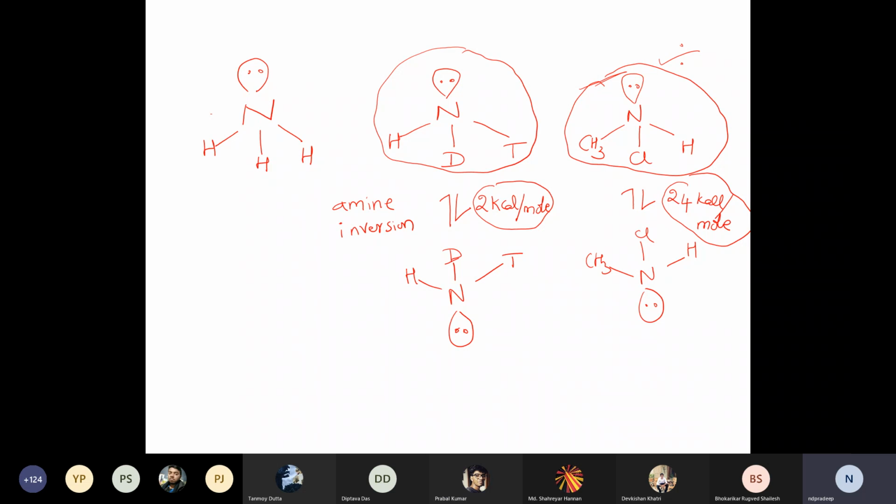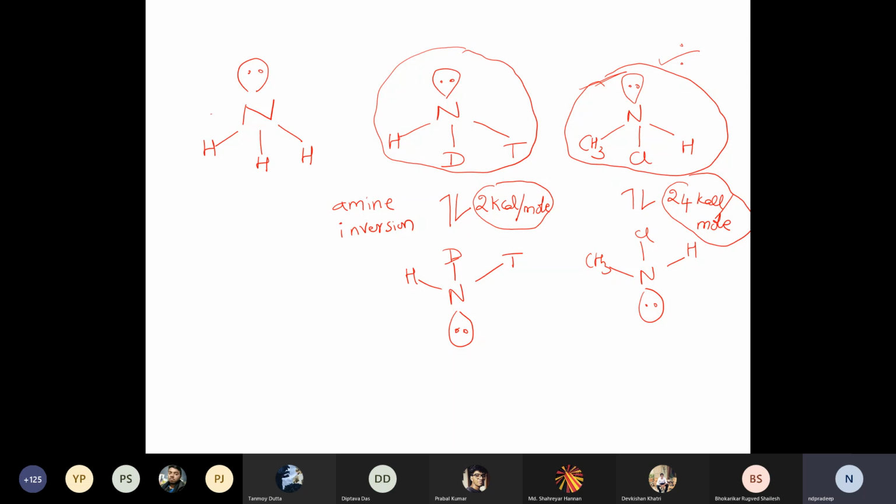Can I say that the first chirality definition still holds good? One, you should have four different groups or substituents attached to an atom. It can be carbon, it can be nitrogen, or it can be anything. If you have four different substituents or four different groups attached to an atom, you can see chirality first.